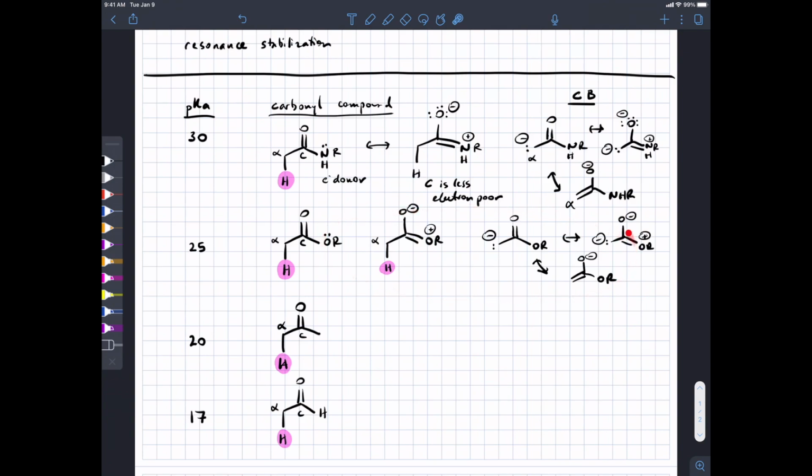So the ester has the same problem as the amide does, in that the ester oxygen can donate electron density into the carbonyl carbon. The reason that the ester is more acidic is because oxygen is not as good an electron donor as nitrogen, due to oxygen's electronegativity.